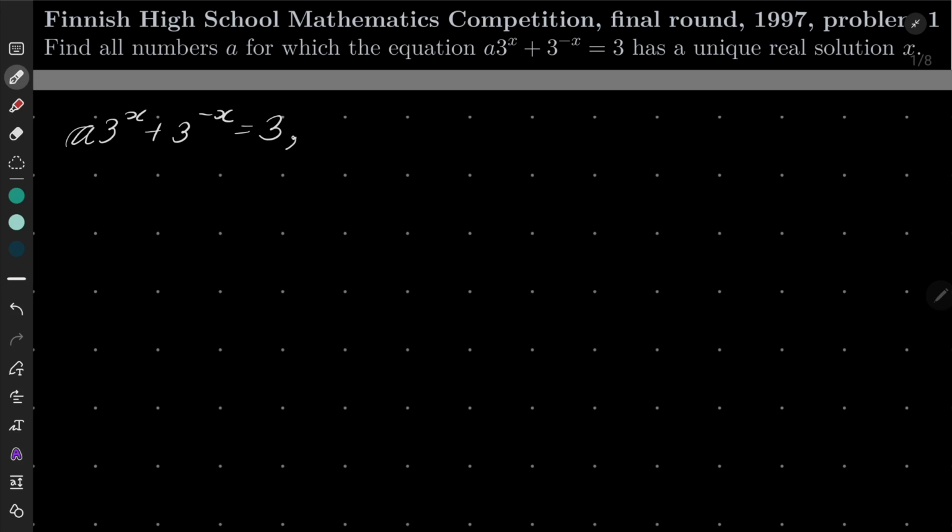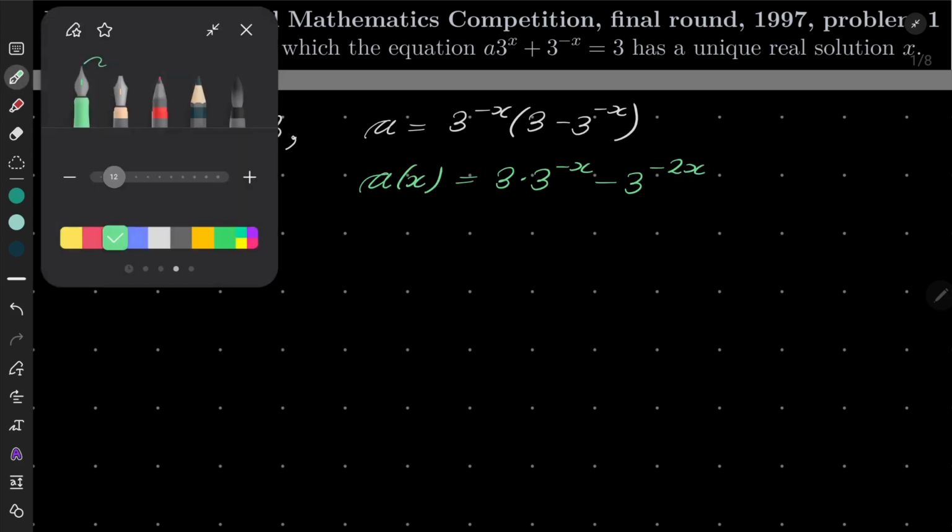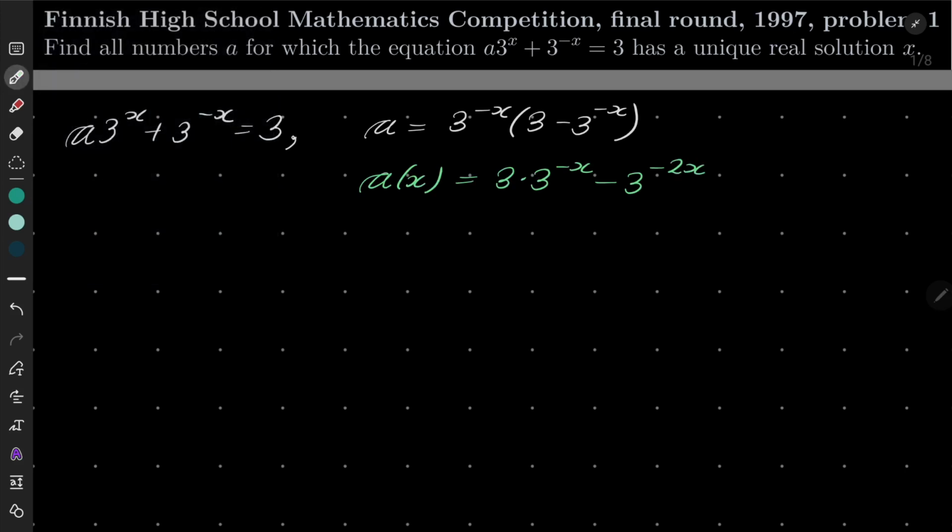So we can write that a equals 3 to the power of minus x times (3 minus 3 to the power minus x). And now let's treat it as a function: A of x equals 3 times 3 to the minus x minus 3 to the power of minus 2x. Okay, now let's try to plot it.